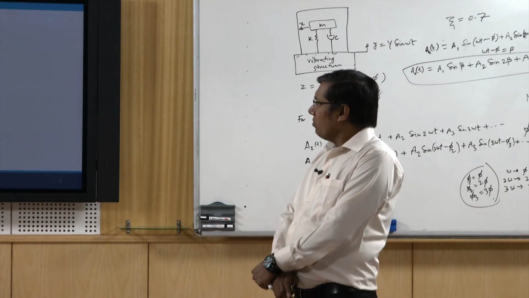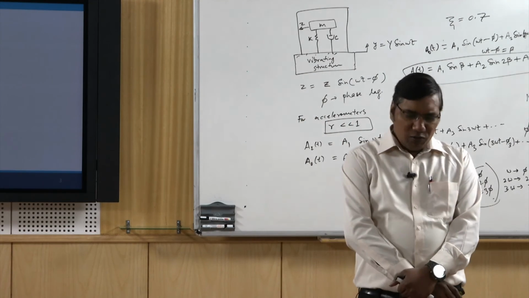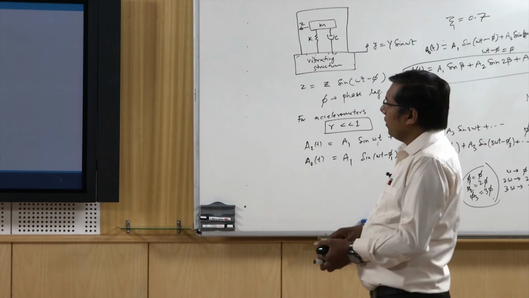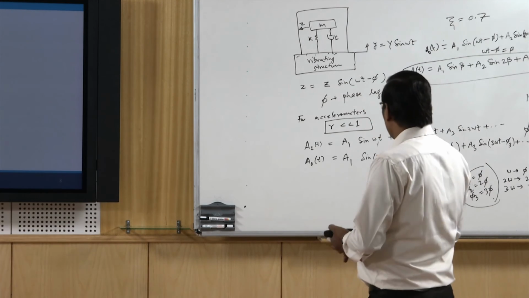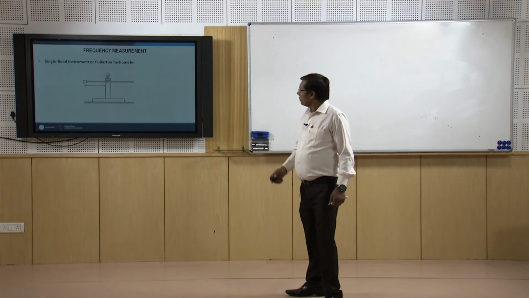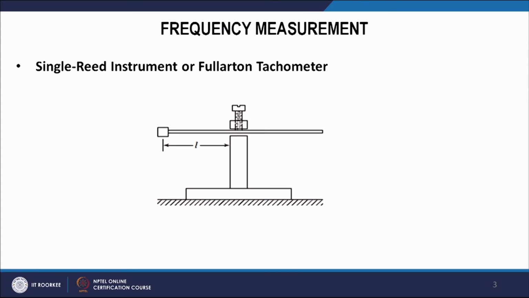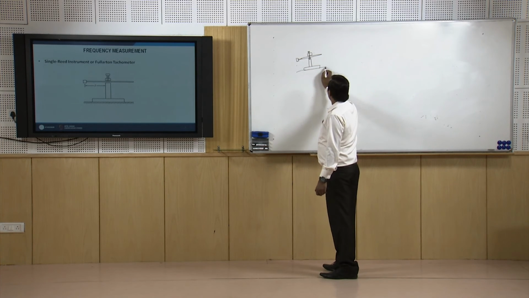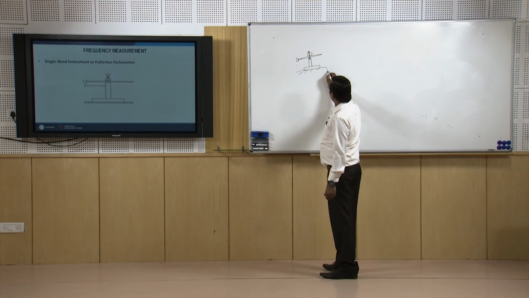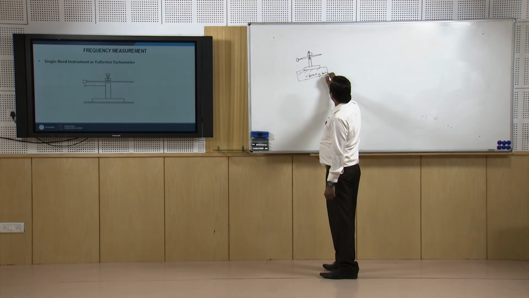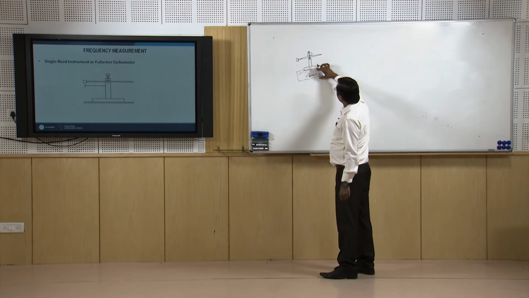For frequency measurement, we use an instrument known as the single reed instrument or Frahm tachometer. We attach this instrument to the vibrating body.